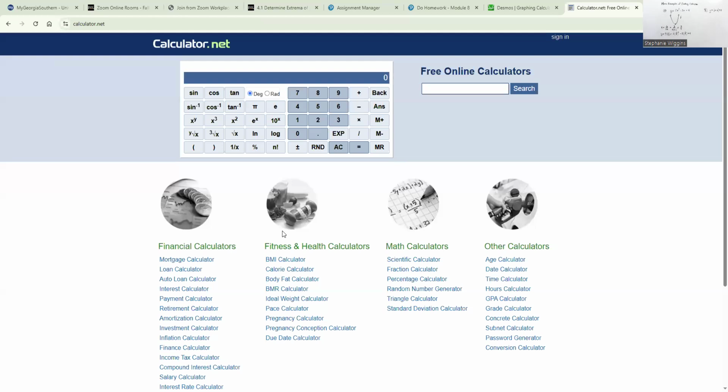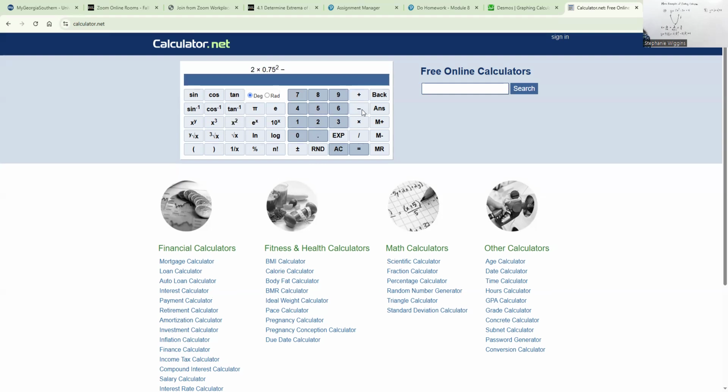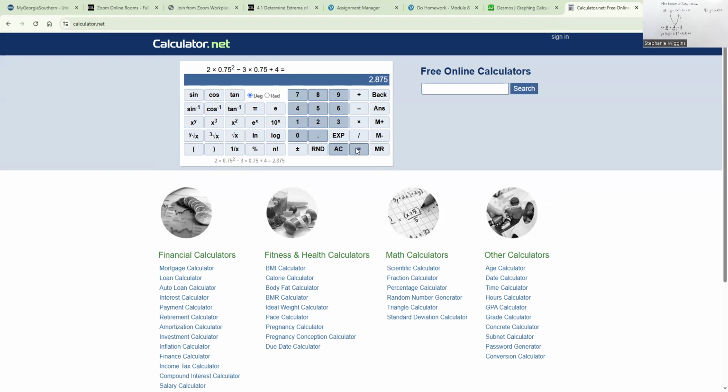Okay, so we have 2 times 0.75, which is 3/4, squared, minus 3 times 0.75, and then plus 4. And we get 2.875.